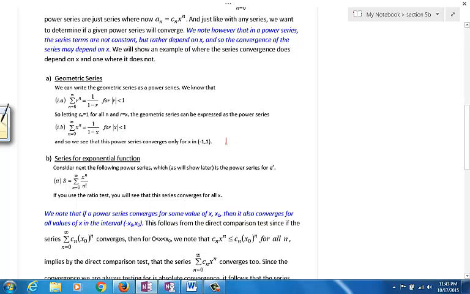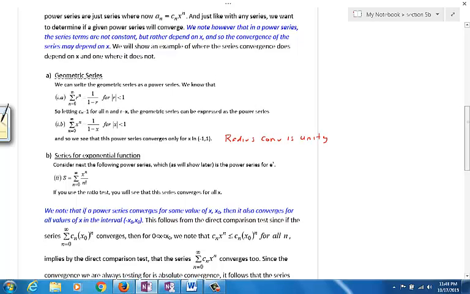So here, the radius of convergence is 1. And the center is 0. Okay? So if I put x equal to 2 in, this power series won't converge. If I put x equal to a half in, it will.